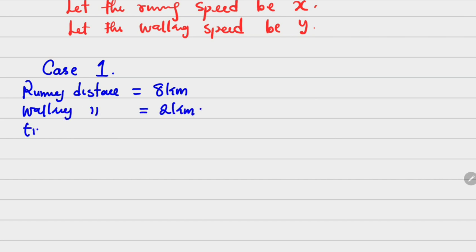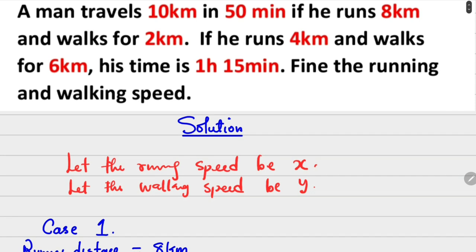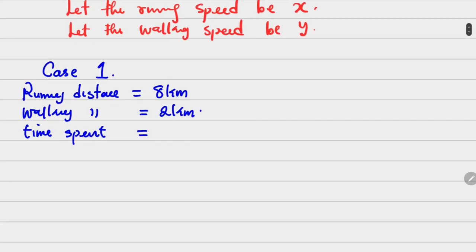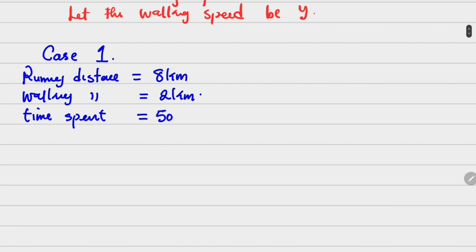And we are told that the total time spent, let's check it out, is 50 minutes. So here we are going to have 50 minutes. And of course, 50 minutes is the same thing as 5/6 hours.